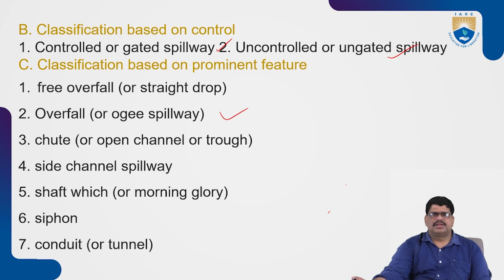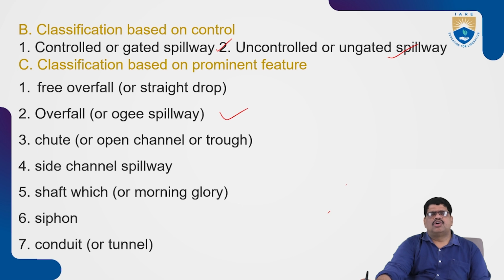Control means it can be controlled by gates, which are provided for lifting during heavy floods. Next, classification based on the prominent features: free overflow, the open type of spillway, side channel spillway, shaft or morning glory, and siphon, as I told, the siphonic action.